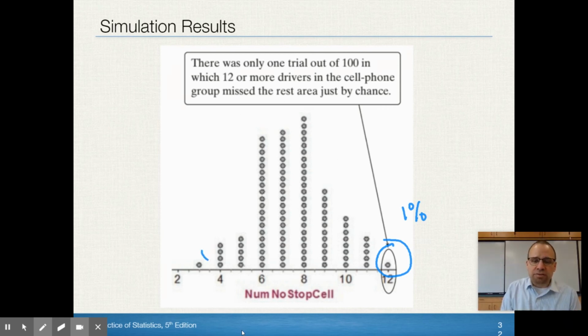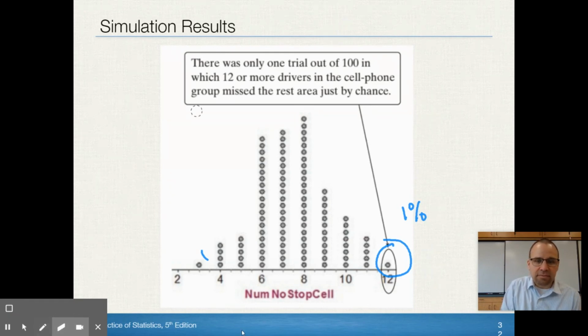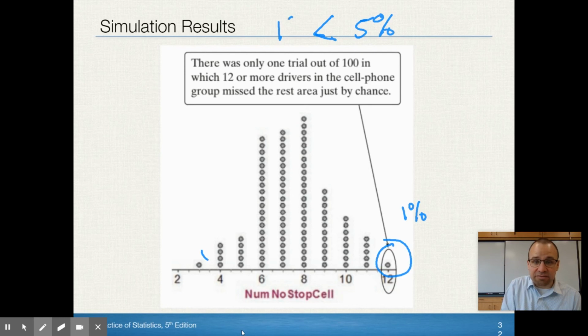If you do a simulation like this, or if it's just due to random chance that something happens, and write this down, if it is less than 5%, which 1% is less than 5%, we would consider it statistically significant.